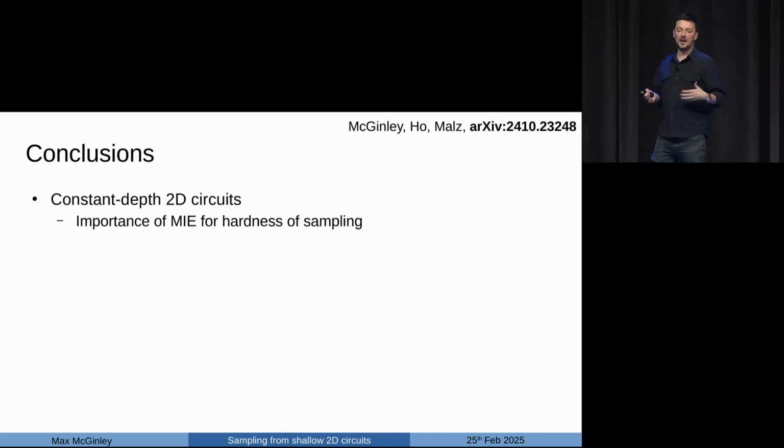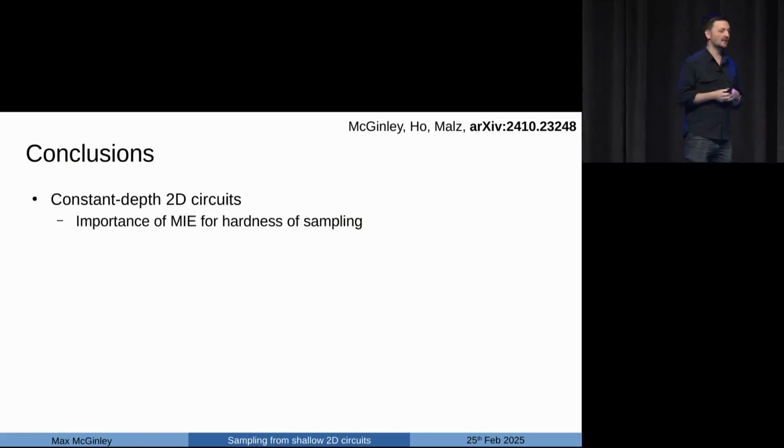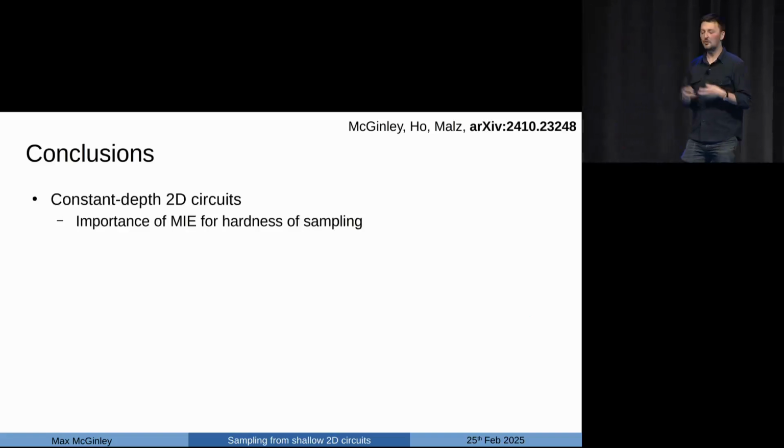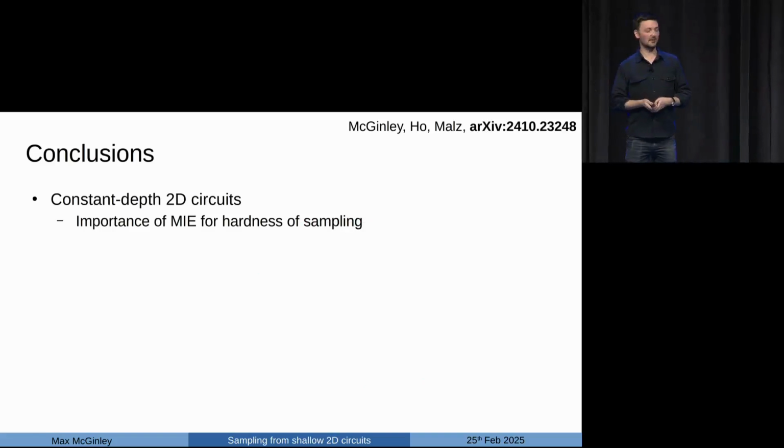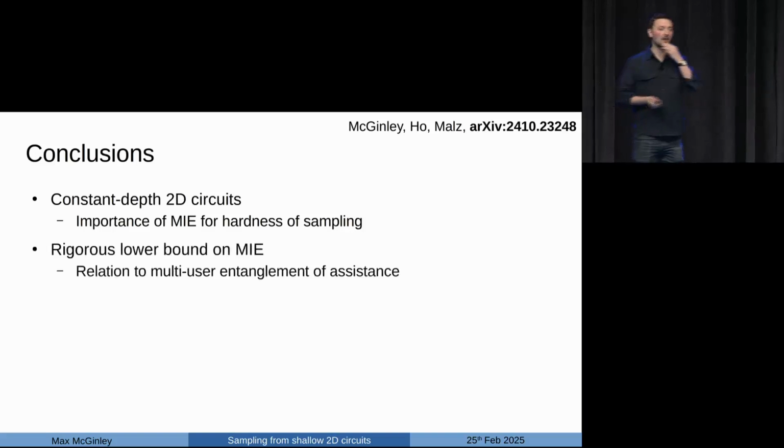So we talked today about constant depth 2D circuits. I argued that these are hard, not because the state generated by the circuit is particularly complex, but because when we start measuring it, we generate high entanglement and high complexity states.